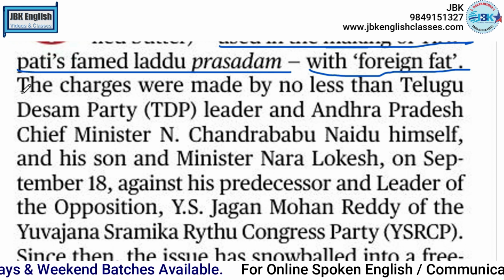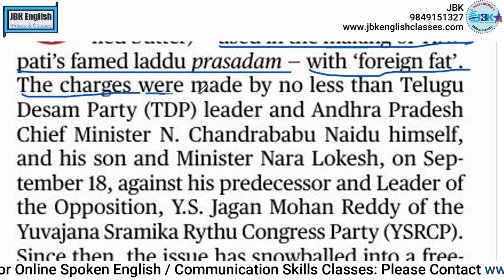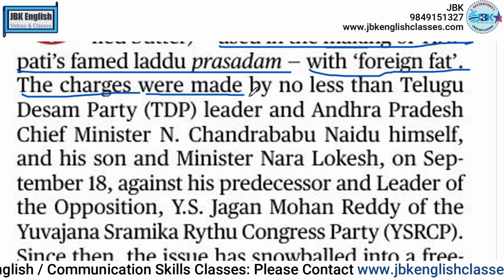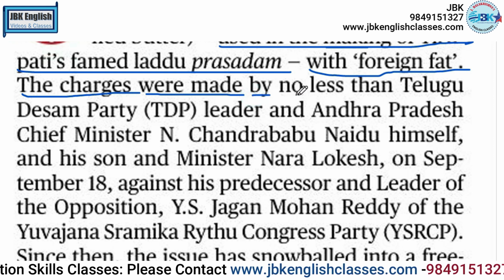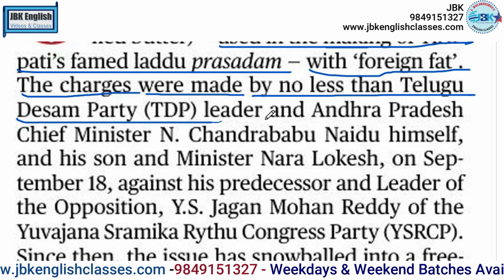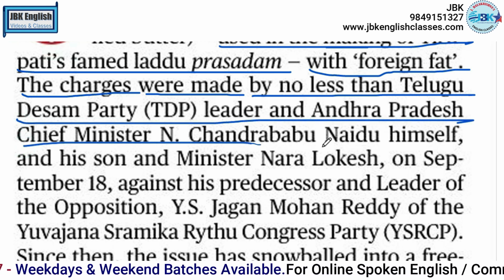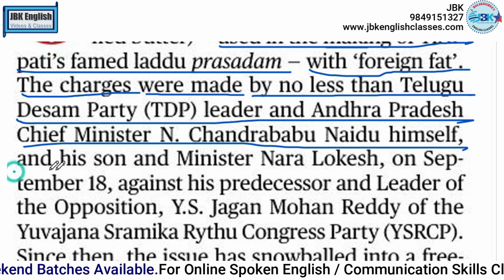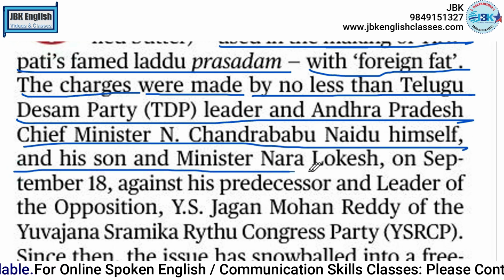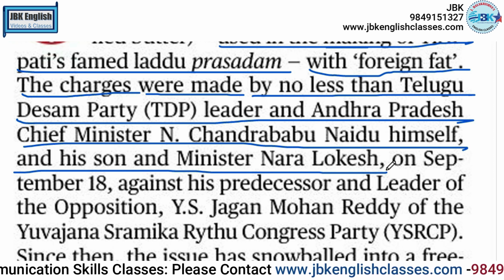Now here the charges is called subject. Were made is verb. It is in past tense passive voice. By no less than Telugu Desam party leader and Andhra Pradesh Chief Minister N. Chandrababu Naidu himself and his son Minister Nara Lokesh. It is called prepositional phrase.